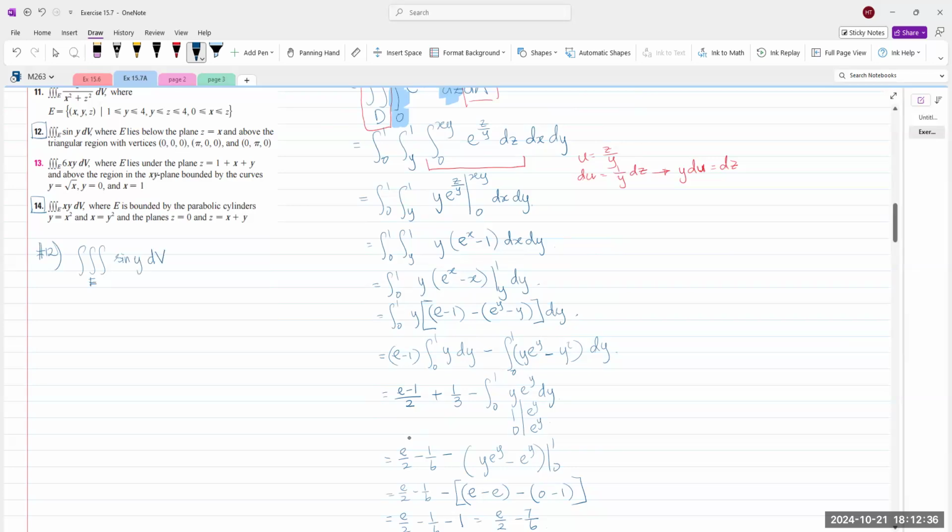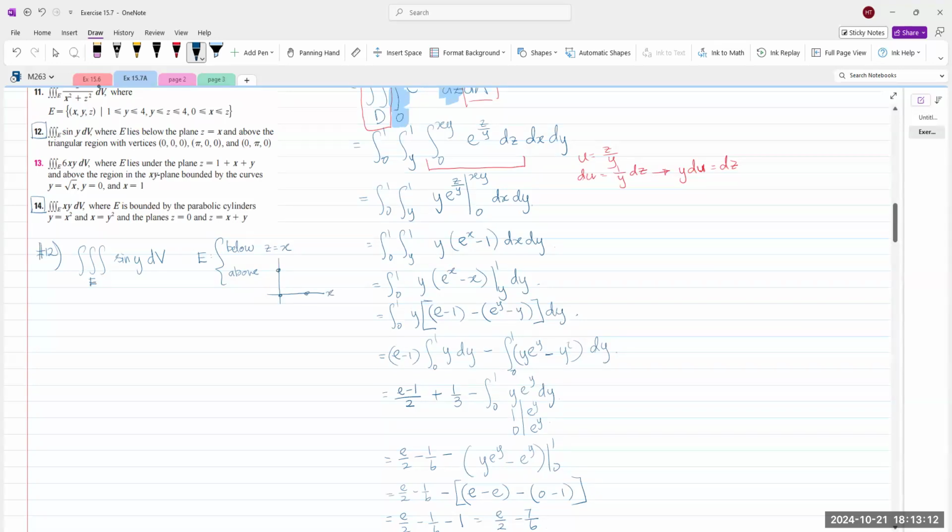E lies below the plane z equals x, above the triangular region with vertices (0, 0, 0), (pi, 0, 0), and (0, pi, 0).